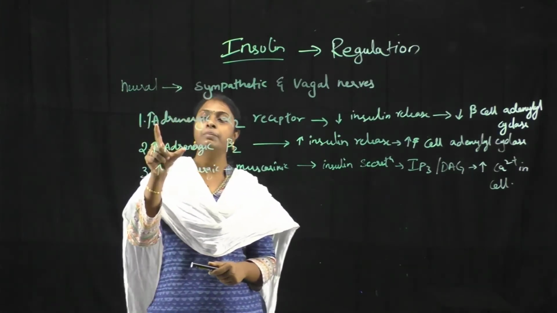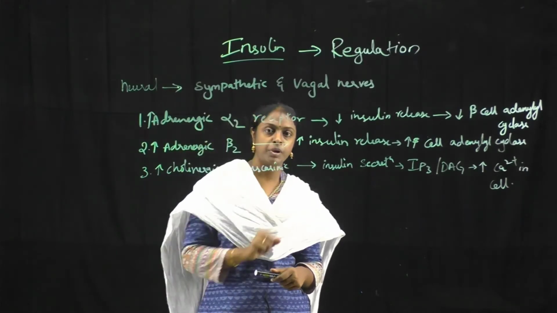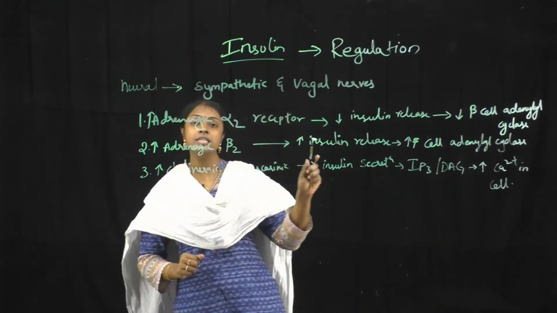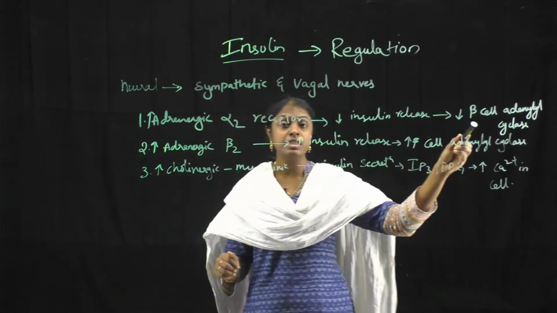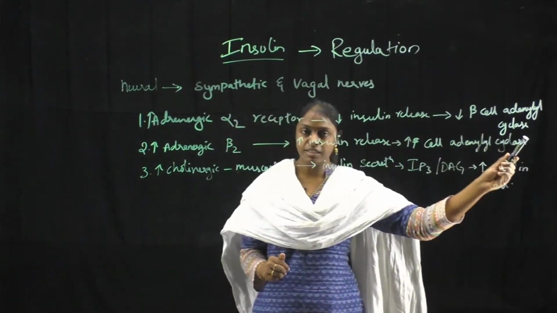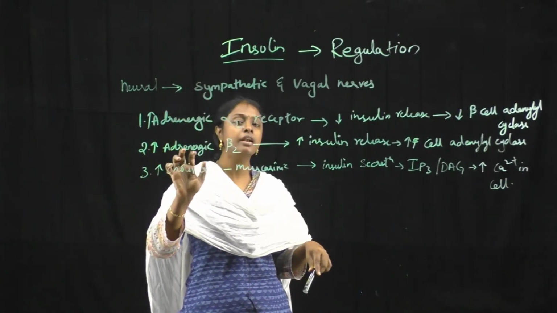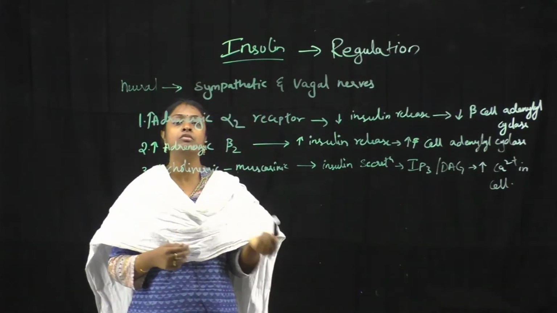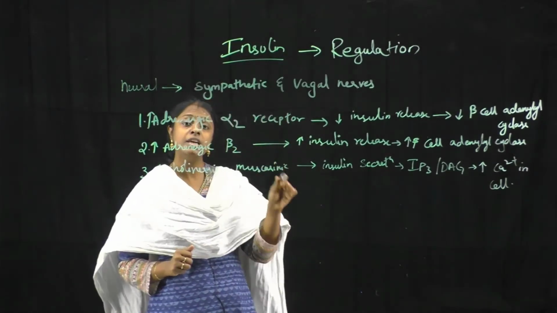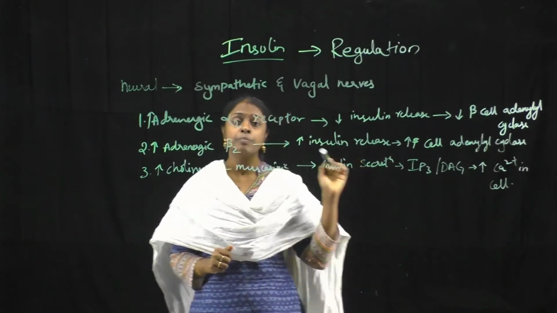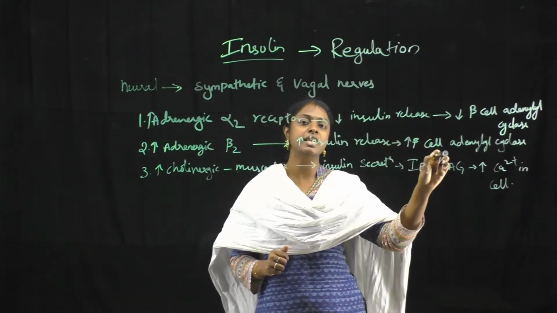The first step: when there is activation of the adrenergic alpha 2 receptor, it will decrease the insulin release, by decreasing the beta cell adenyl cyclase. Next, when there is stimulation of the adrenergic beta 2 receptors, it will increase the insulin release, by increasing the beta cell adenyl cyclase.